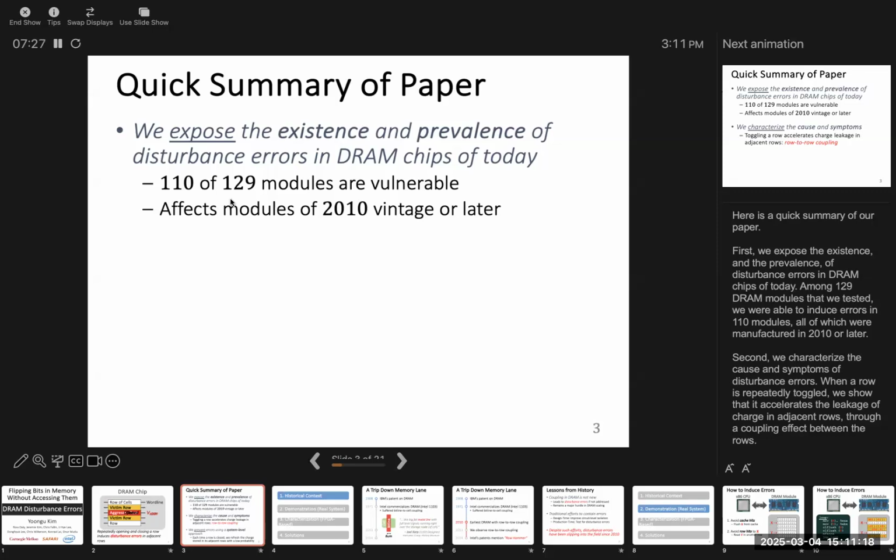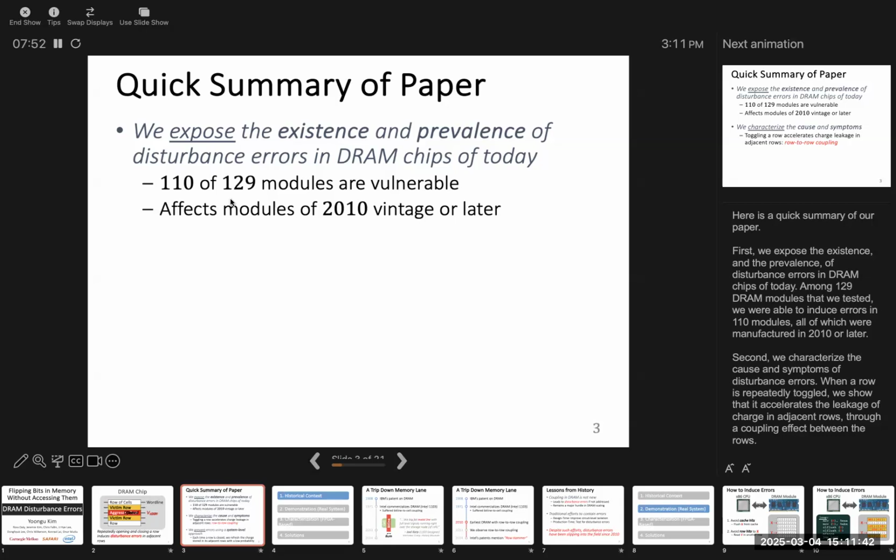So they expose the existence and prevalence of disturbance errors in the DRAM chips of today, which I said are contemporary commodity chips. And out of the 129 modules they tested, they found that 110 of them are vulnerable, which is a very high rate, right?